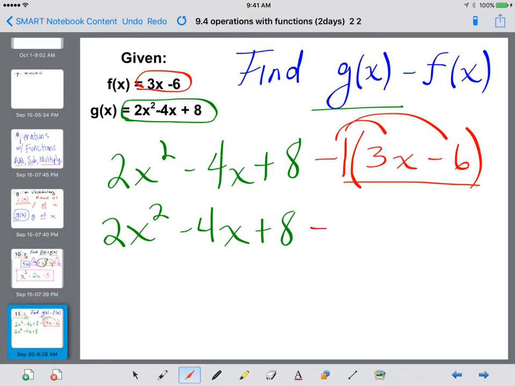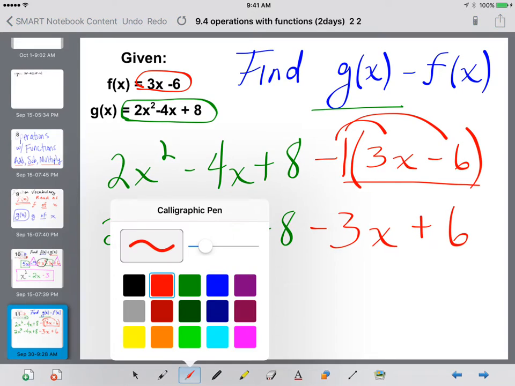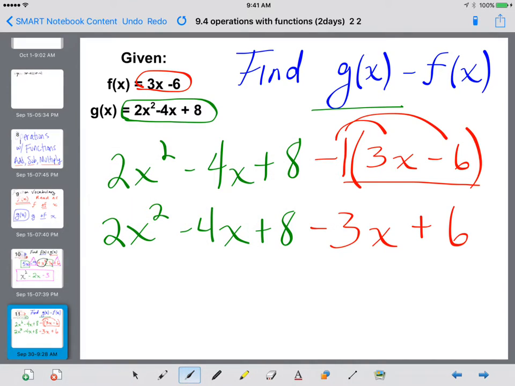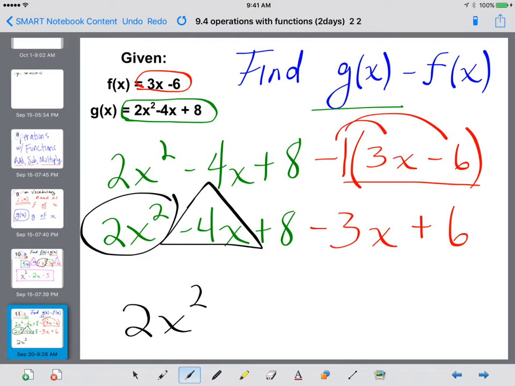We have negative 1 times 3x is minus 3x. And negative 1 times negative 6 is a positive 6. Now I can go through and combine my like terms. I see 2x squared, nothing to combine it with, so I just write it down there. I see negative 4x and a negative 3x.